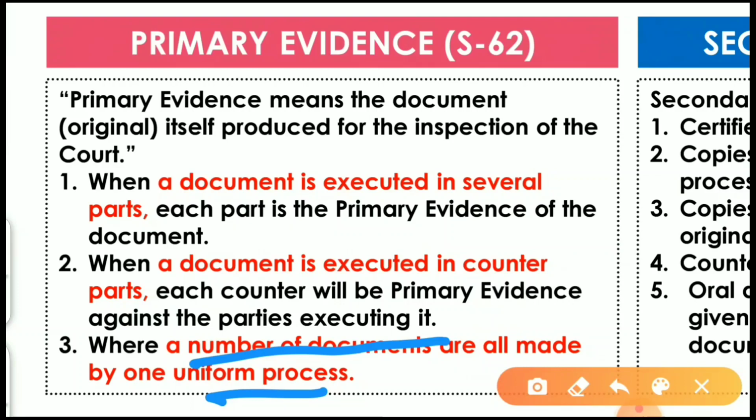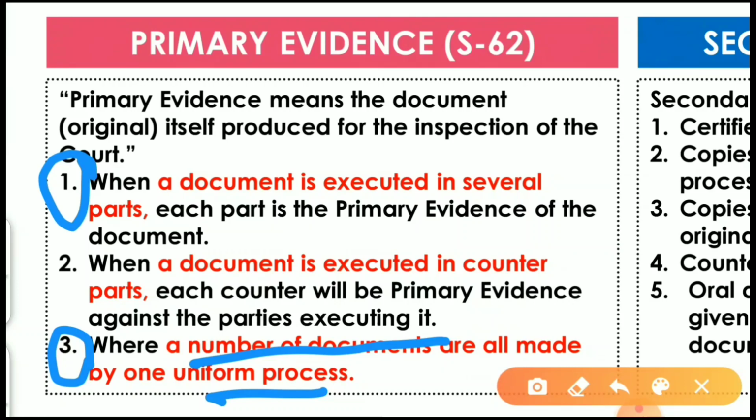For example, all the photographs made from a negative, all the prints made by a uniform process, the lithographs made from one uniform process, the playing cards made by one uniform process. All these, the prints, photographs, lithographs, playing cards made at one time by one uniform process, are known as primary evidence according to the third form.